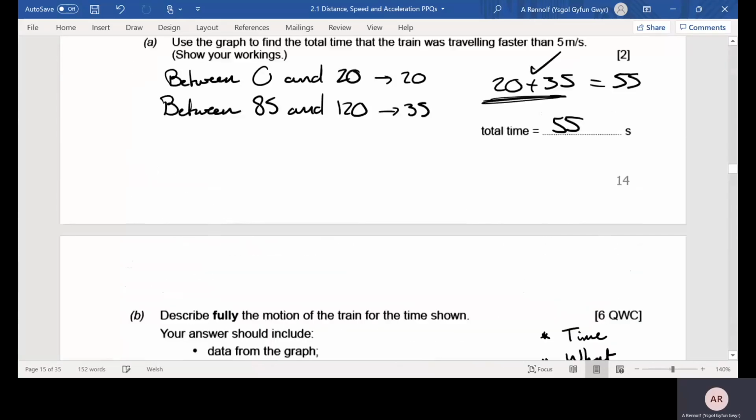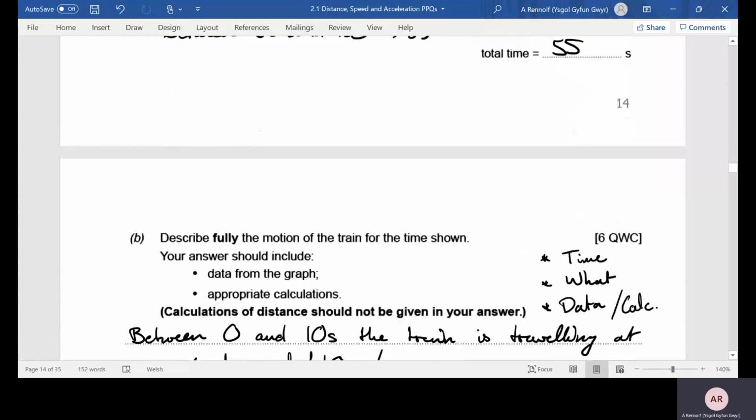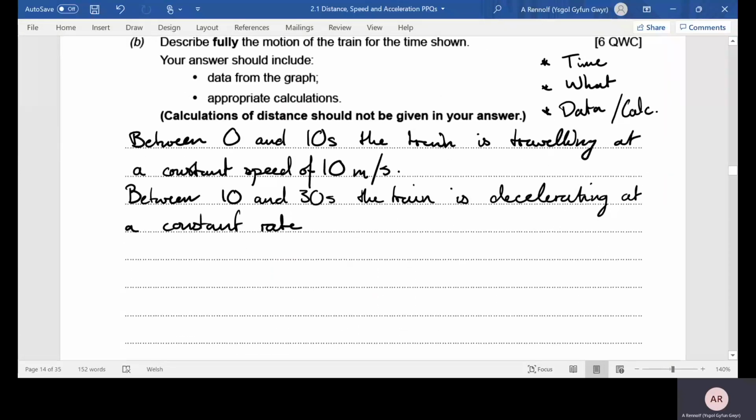And we can say that by looking at the graph because we've got a straight line. Okay, we've got a straight line going downwards. So that's a deceleration at a constant rate.